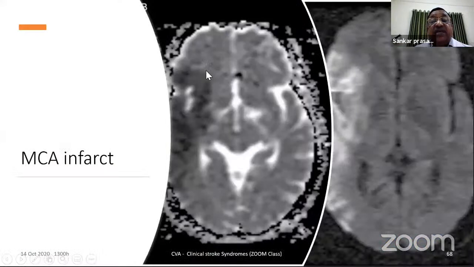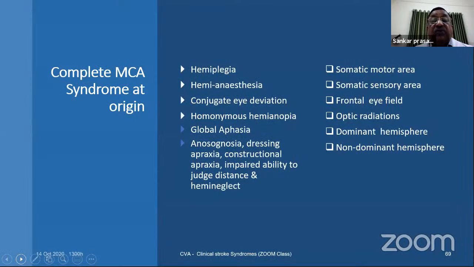So this is a large MCA infarct which you are seeing, and this is the ADC map, and this is the DWI image on MRI, how it looks. The complete MCA syndrome at origin will give rise to hemiplegia, hemianesthesia, conjugate eye deviation, homonymous hemianopia, global aphasia, and if it is the non-dominant hemisphere, anosognosia, dressing apraxia, constructional apraxia, impaired ability to judge distance, and hemineglect if it is on the right hemisphere.